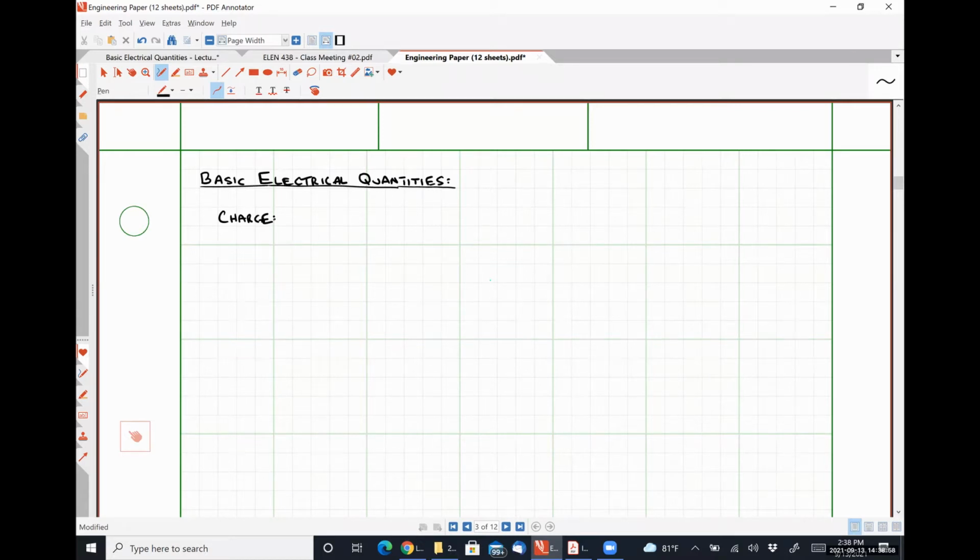So charge, the classical definition, is the ability of a material to interact with an electromagnetic field, which I'm going to say EM.